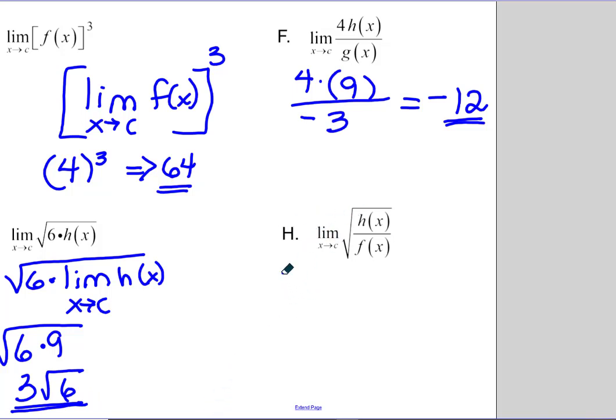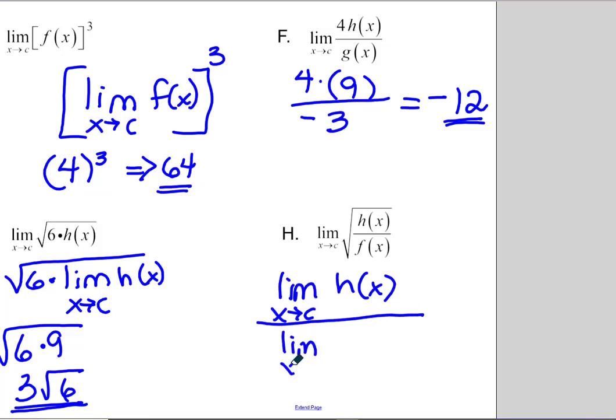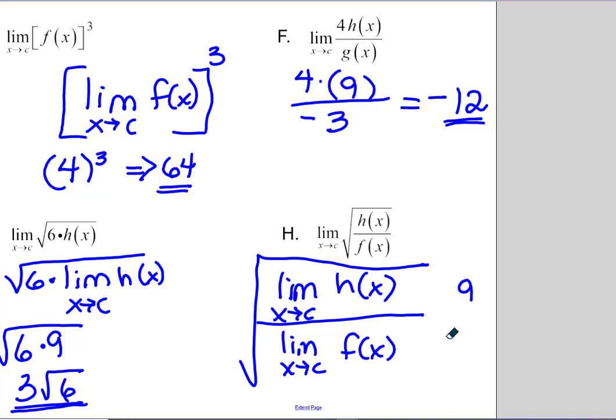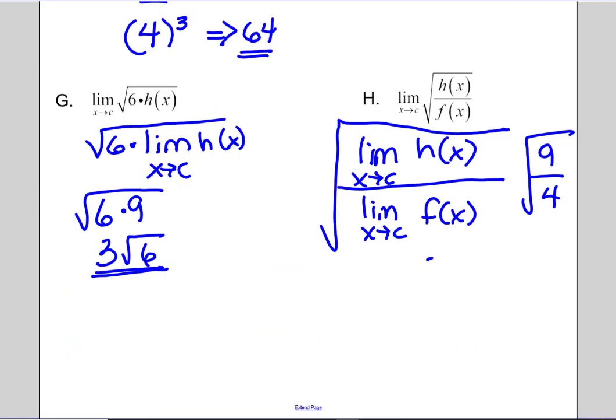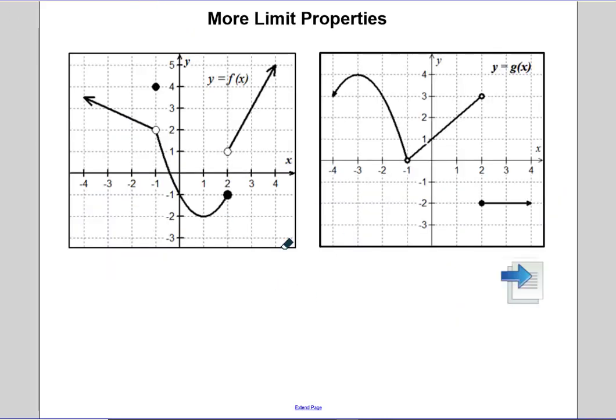And then in this case, again, I'm going to take the limit at c for the numerator and the limit at c for the denominator, and then take the square root of that limit. So this limit was 9, this limit was 4, and the square root of 9 over 4 would be 3 over 2. So just using the basic properties for limits, algebraically separating them.